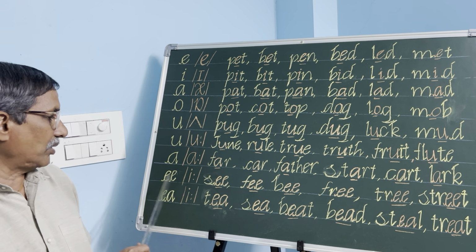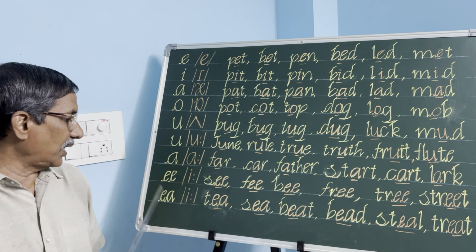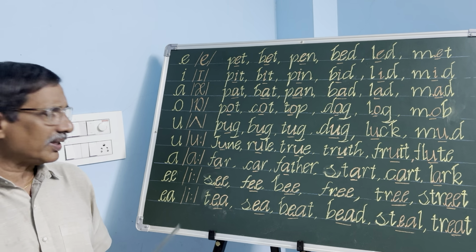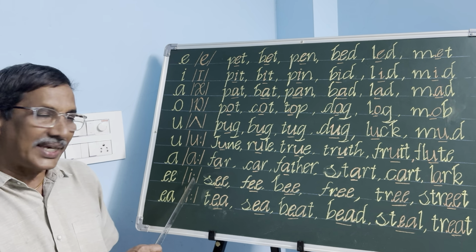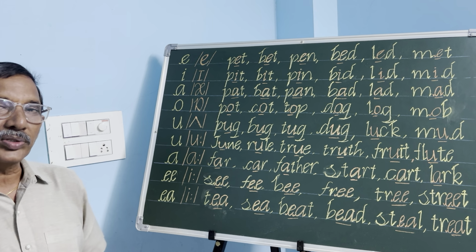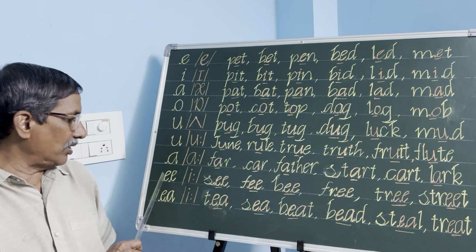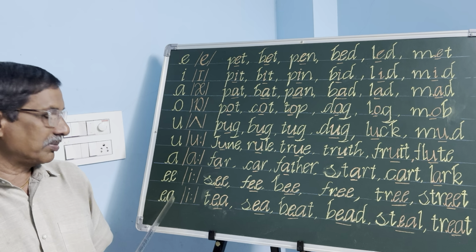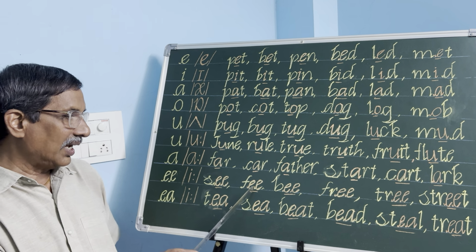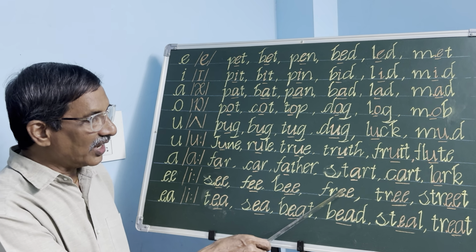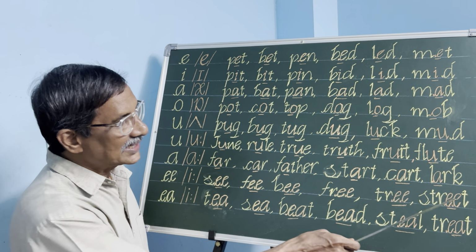Coming to the double letter E, it gives the long vowel E sound. To produce the long vowel sound E, we use EE and sometimes EA. See here, see, fee, bee, free, tree, street.